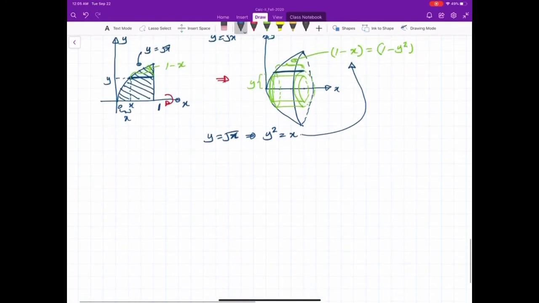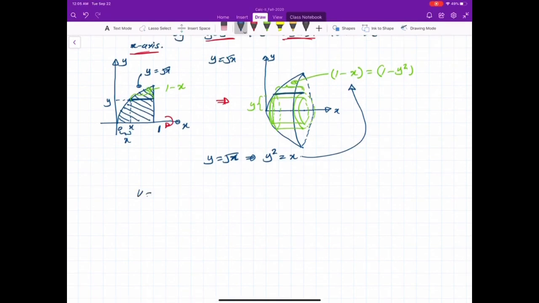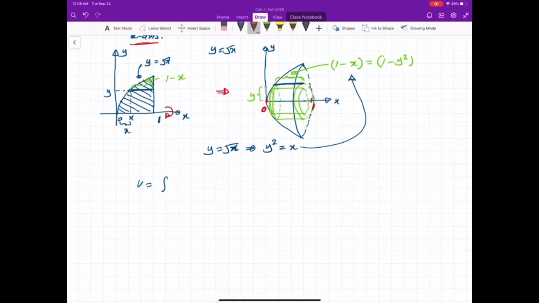So you write it to be volume equals integration. This is your c. It is 0. It goes until 1. x goes from 0 to 1.